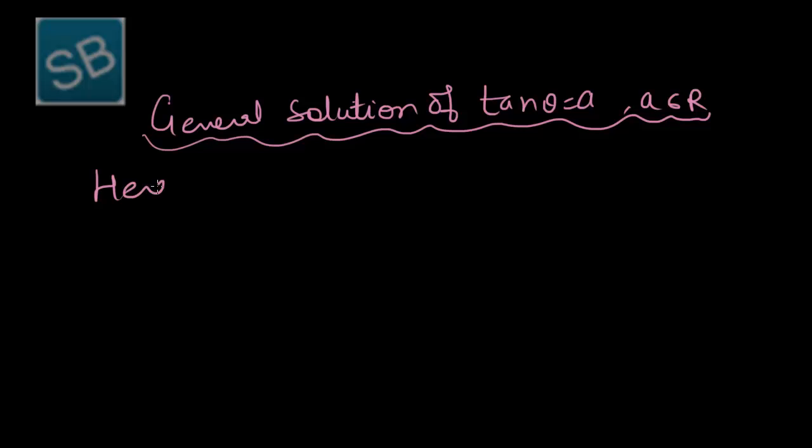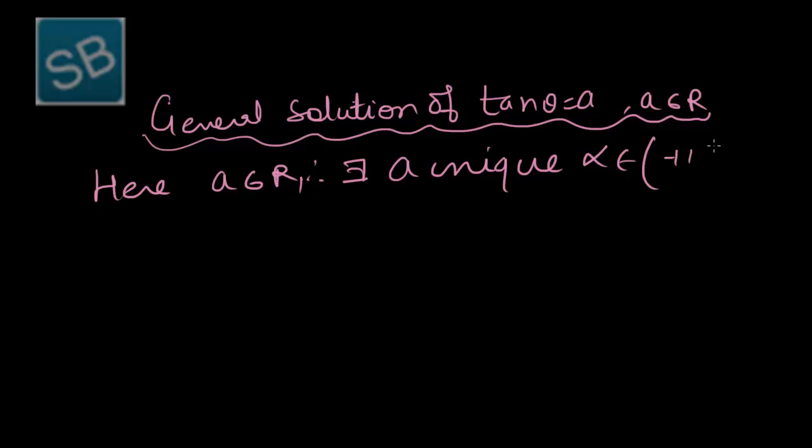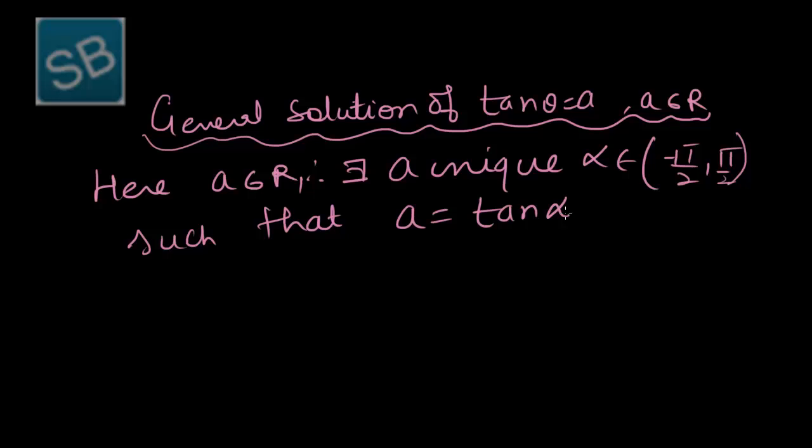Here A belongs to R, therefore there exists a unique alpha belongs to restricted domain, that is minus pi by 2 to pi by 2, such that A is equal to tan alpha, that is tan theta is equal to A is equal to tan alpha.